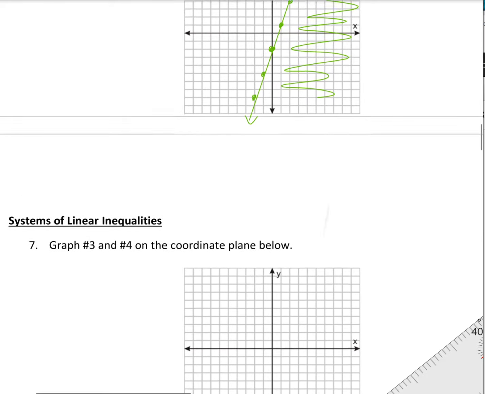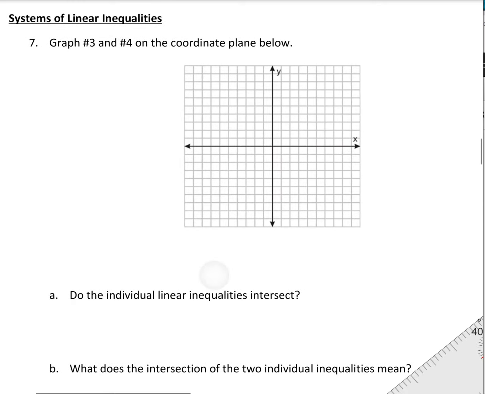All right, so question 7 actually wants us to combine the equations for 3 and 4. So for my number 3, I had y less than 3x minus 1. And for number 4, I had y greater than -2x plus 1.